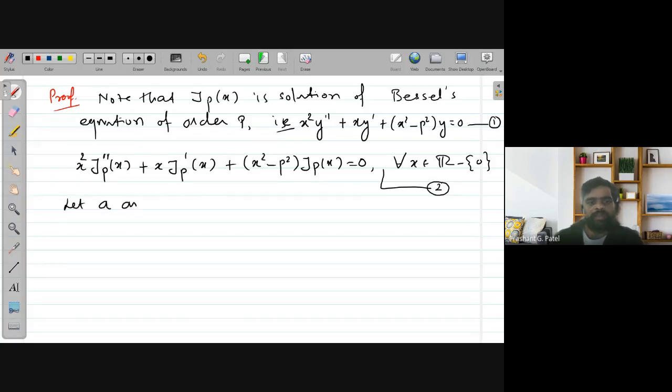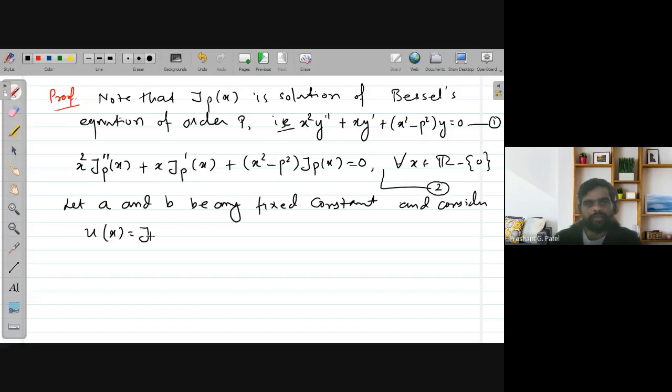Let a and b be any fixed constants. I consider a and b as fixed constants, and consider u of x will be Jp of ax and v of x will be Jp of bx.